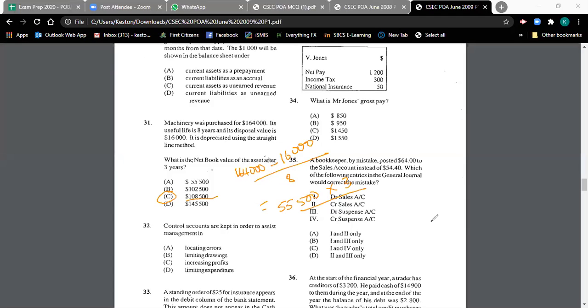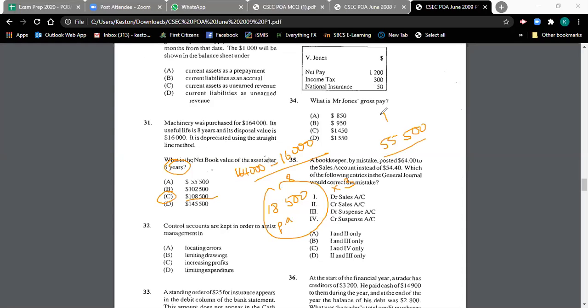When you do 164,000 minus 16,000 divided by 8, you're going to get 18,500. And then this is depreciation per annum. And they want the net book value of the asset after 3 years. Right? So multiply that by 3, you get 55,500.